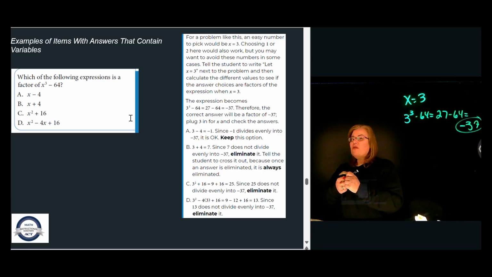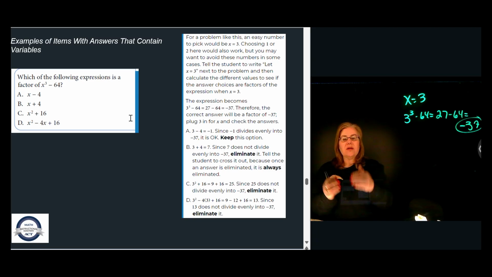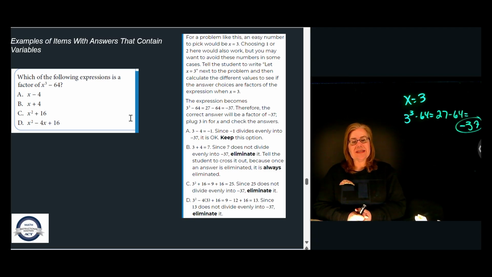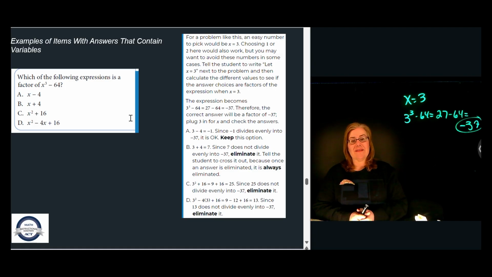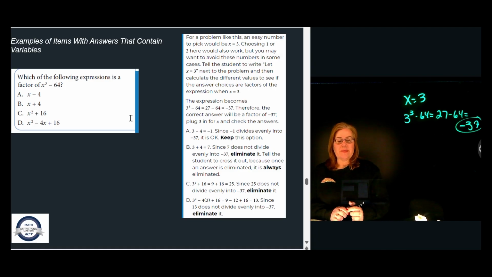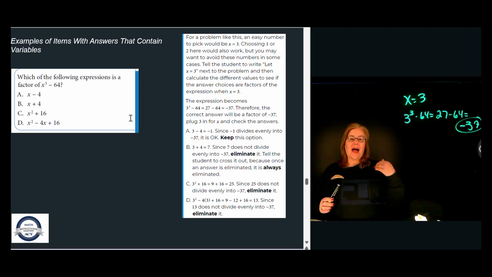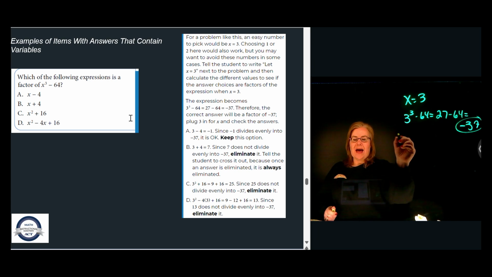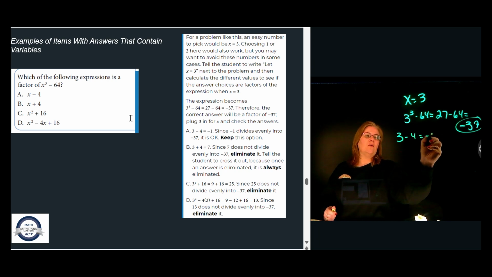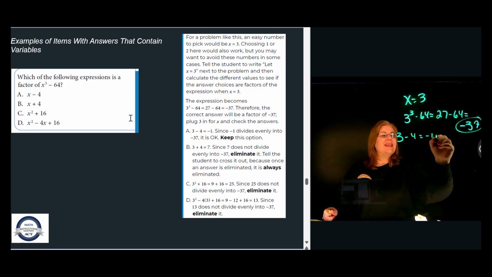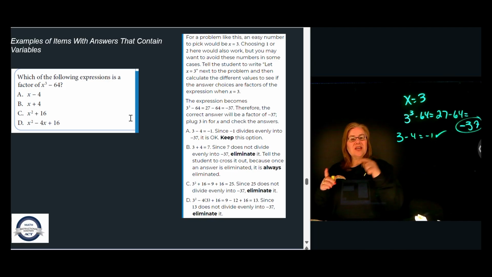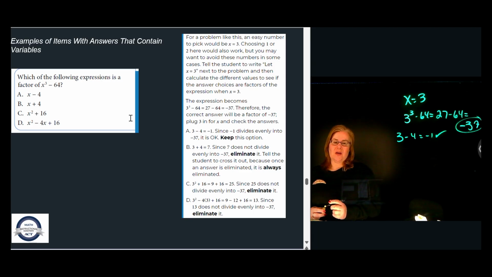So when we look at these different answer choices, I want to make sure I'm looking at factors of that negative 37. We're using x as our number 3. So I have 3 minus 4 equals negative 1. Well, is negative 1 a factor of negative 37? Absolutely. So this is a possible answer choice. But let's see if we can find a better answer choice.